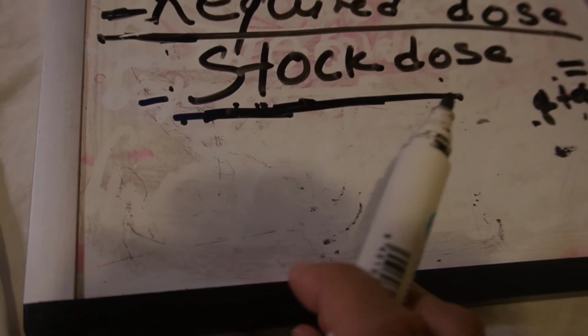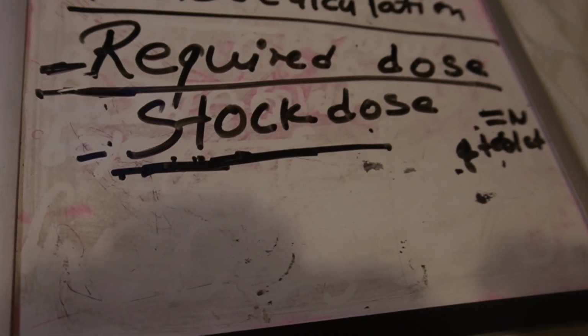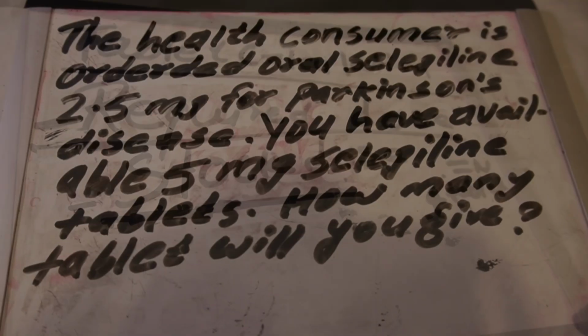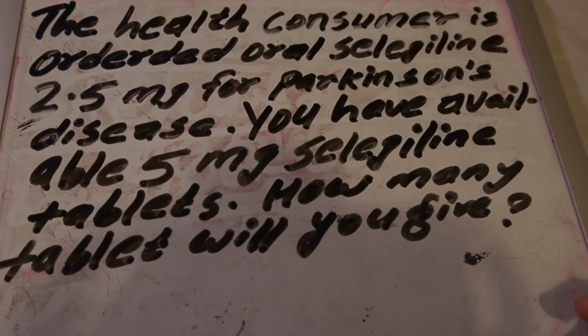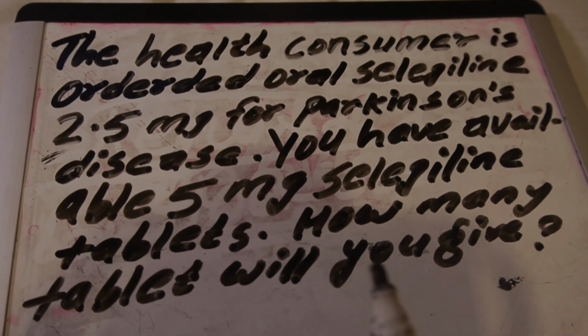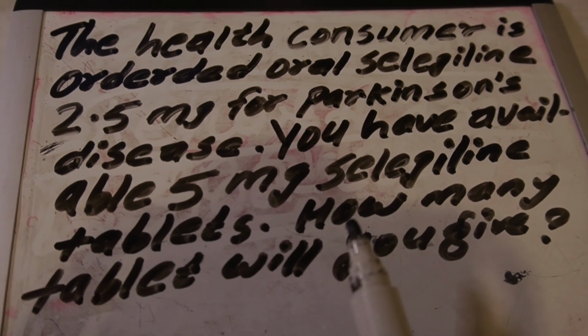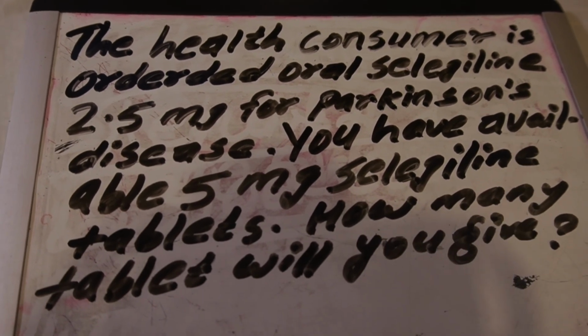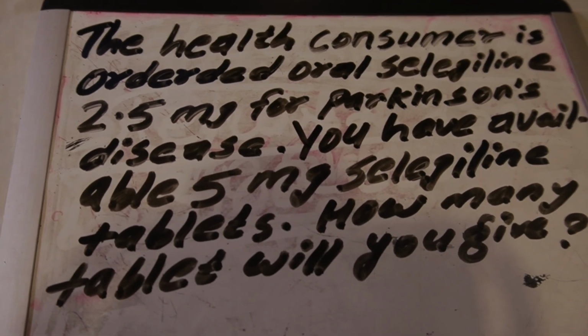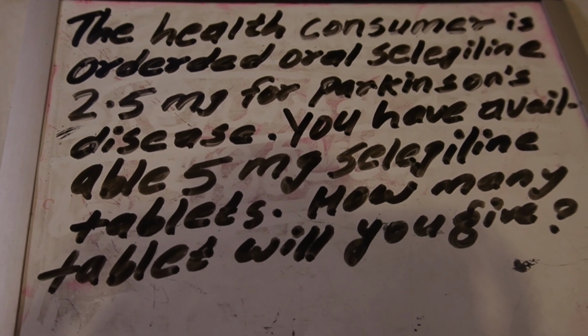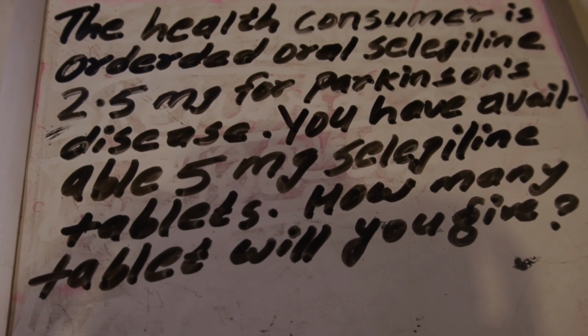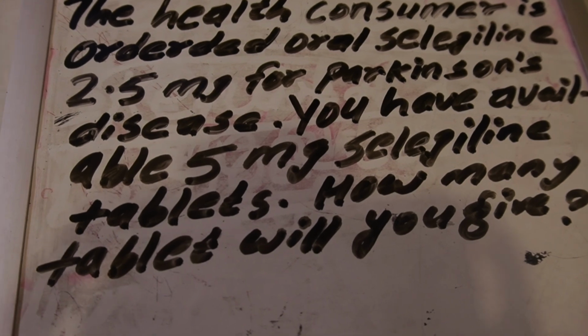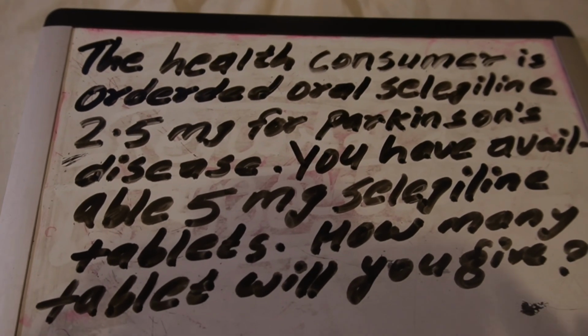Let's see, I have one question. Let's try that one. Always remember the doctor's prescribed order should be on top, then the stock dose, and the number of tablets to administer. So let's see the question.